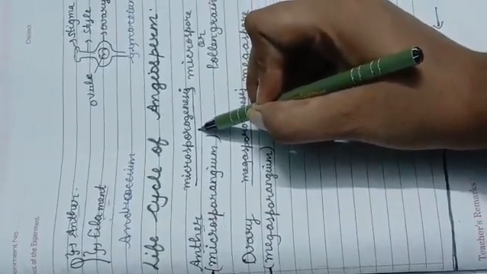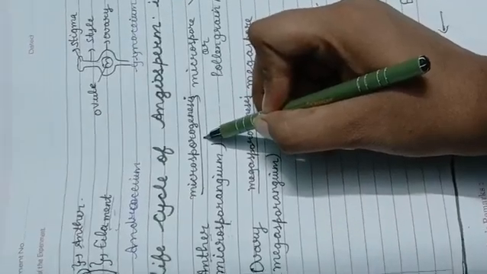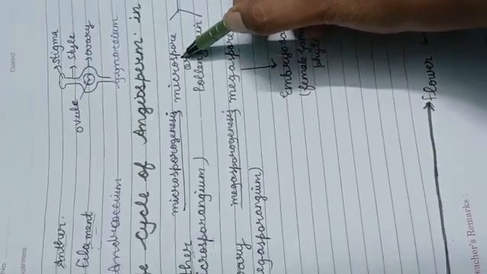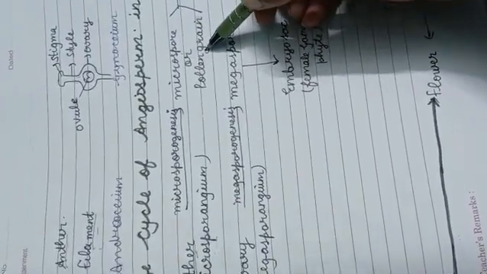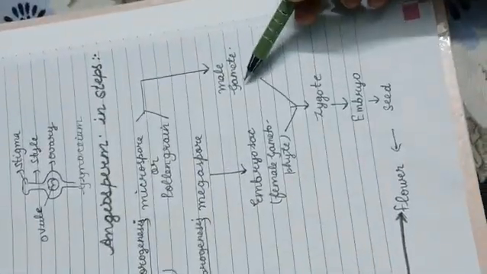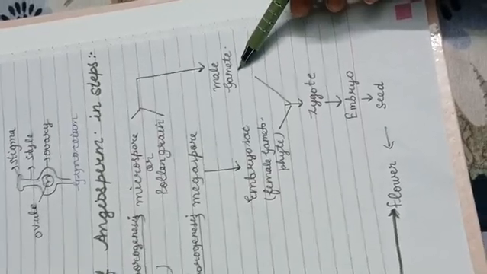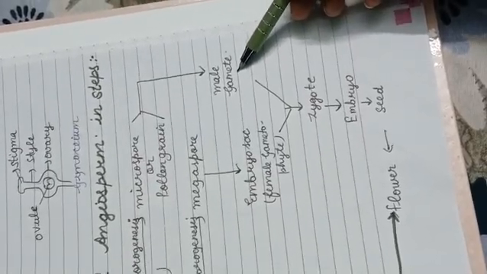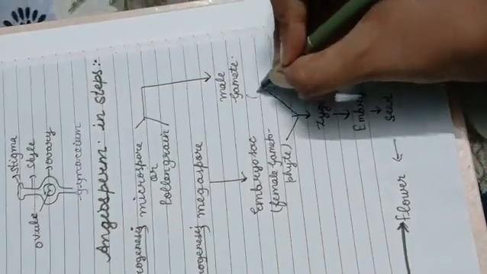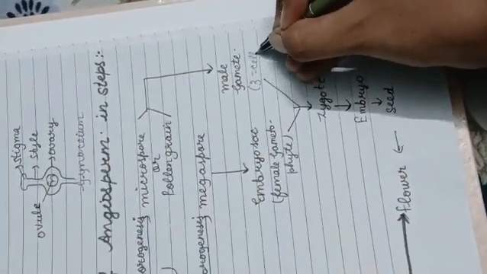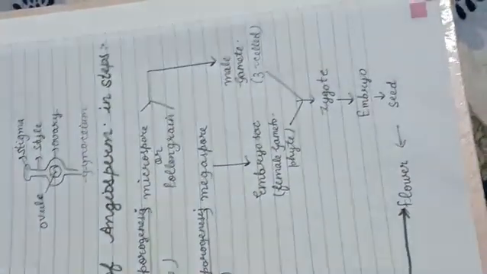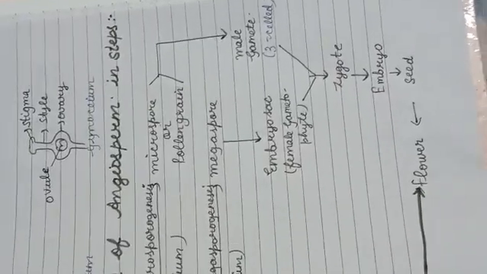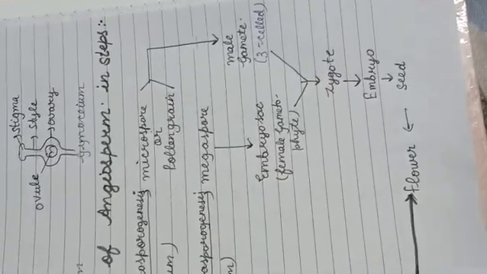By this process it produces microspore, and the microspore is also known as pollen grain, and the pollen grain further divides into two types of nucleus and forms a three-celled male gametophyte. In the three-celled male gametophyte, there is one tube cell and two sperm cells.